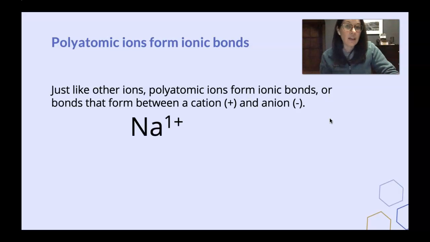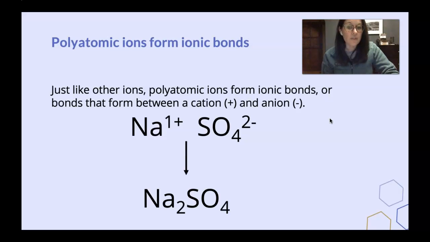So for instance, if I had a sodium cation, sodium 1+, and sulfate, SO4 2-, those could come together to make sodium sulfate. All right, and notice in my ionic compound, I have to balance out my charges. So I need 2 sodium ions to balance out the 2- charge of sulfate, Na2SO4.